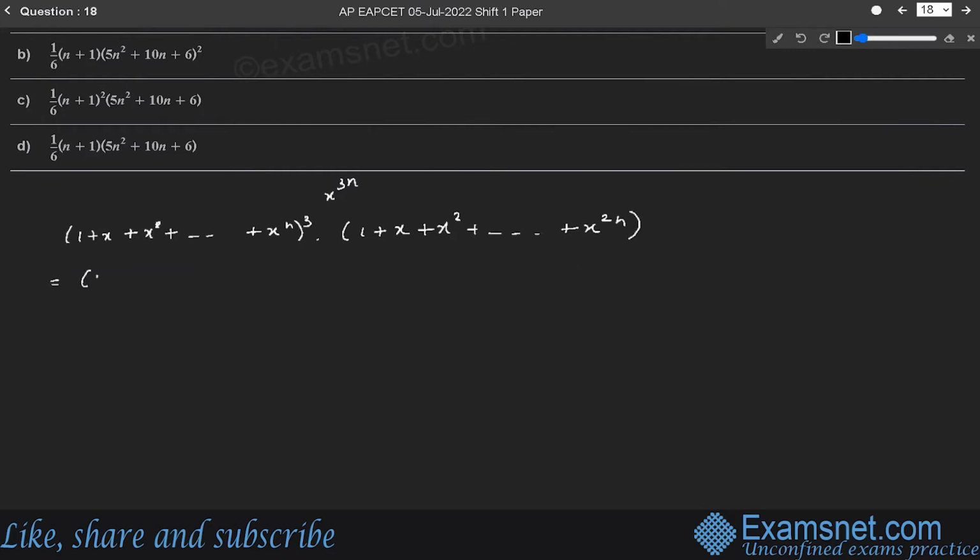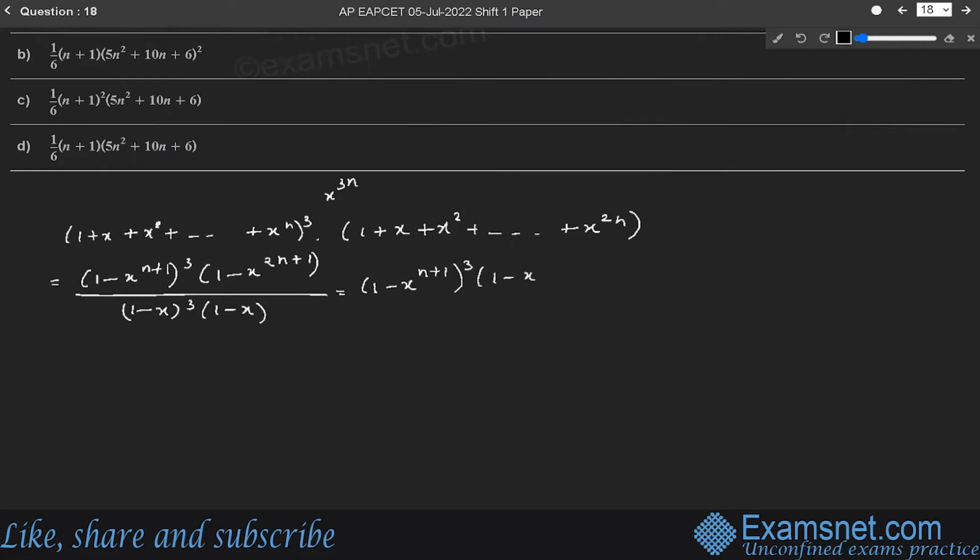It will become (1 minus x power n plus 1) whole cube into (1 minus x power 2n plus 1) divided by (1 minus x) cube into (1 minus x), which is equal to (1 minus x power n plus 1) cube into (1 minus x power 2n plus 1) into (1 minus x) power minus 4.